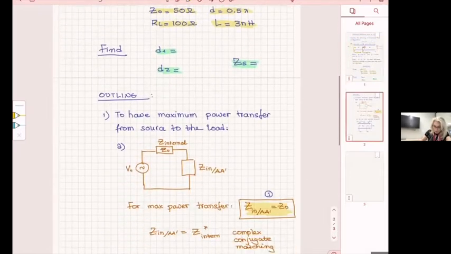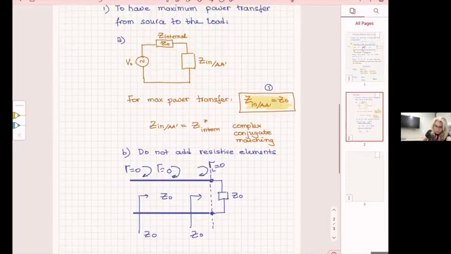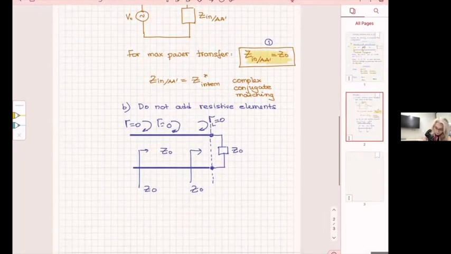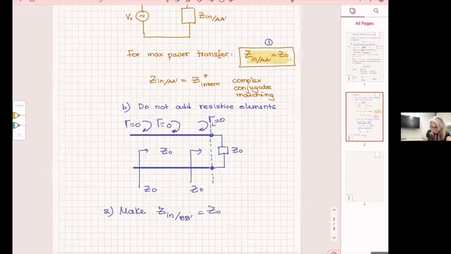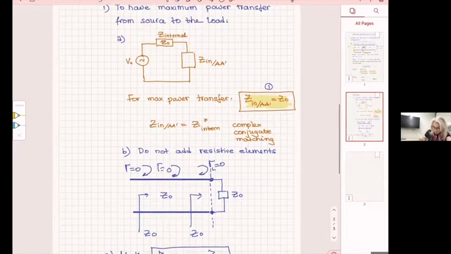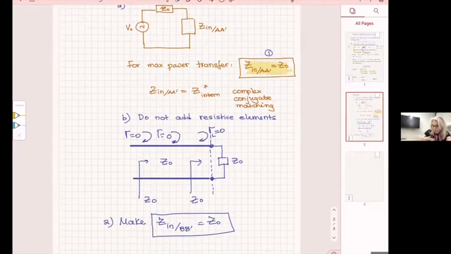So now, as outlined, I will need to make Z input at B prime equal to Z naught. That's another thing I have realized that I need to do. And if I do that, then I'm going down from the end of the problem towards the beginning.